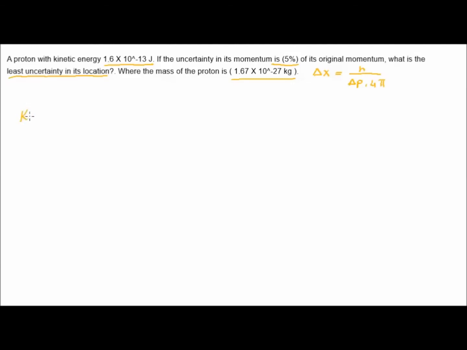Kinetic energy is given. The kinetic energy formula is half m v squared, and the formula of momentum, as you know, is m times v. If I multiply and divide by m, it becomes m squared times v squared over 2m.